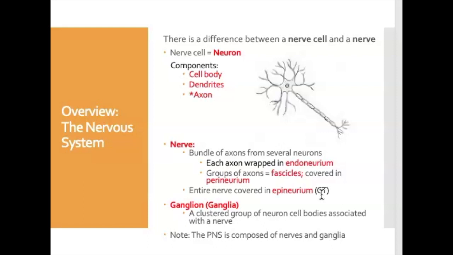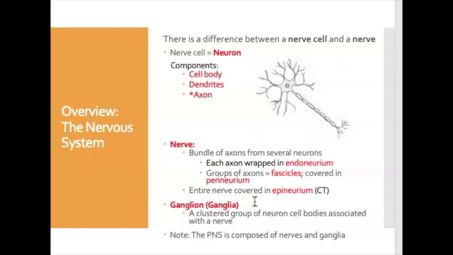Now, the nerve only contains the axons of all of these nerve cells. So what about the rest? What about the cell body? The cell bodies actually also bundle together. They cluster together, and they form a structure called a ganglion. More than one is called a ganglia. So a ganglion is a clustered group of neuron cell bodies.